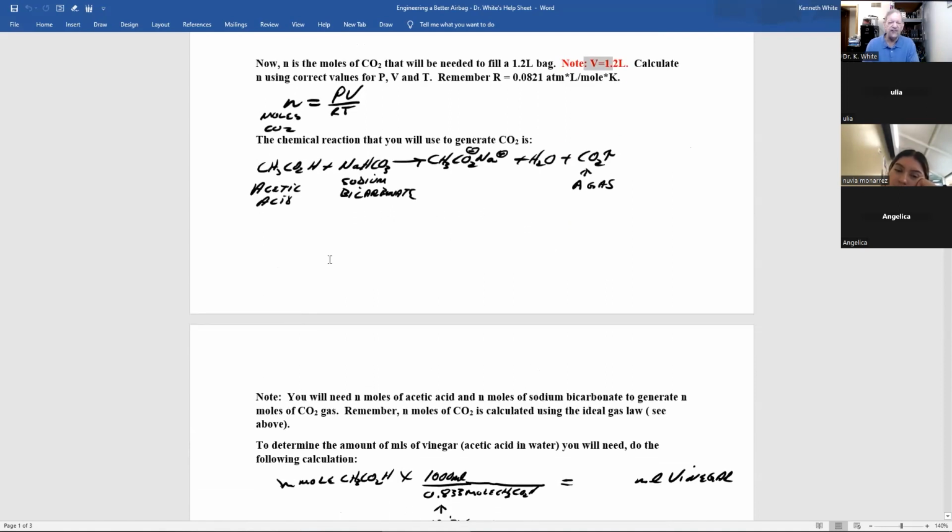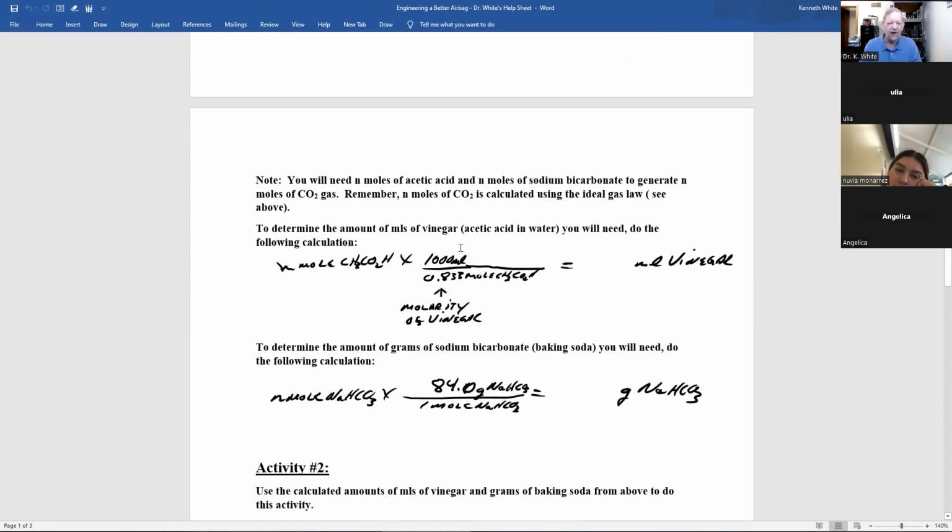Now, the reaction you're using is this one. For every 1 mole of acetic acid and 1 mole of sodium bicarbonate, you make 1 mole of CO2. Note, you'll need the number of moles of acetic acid and number of moles of sodium bicarbonate to generate N moles of CO2.